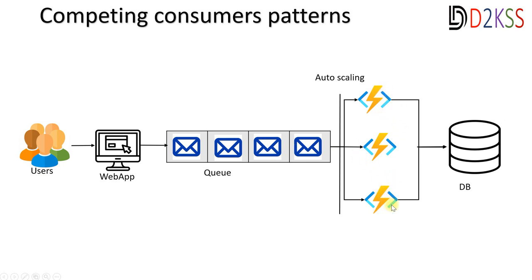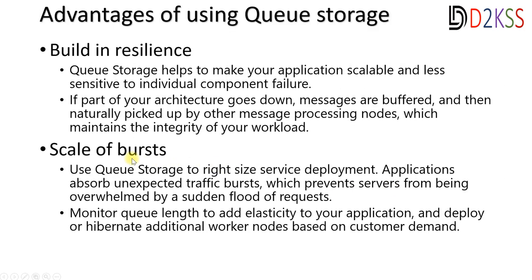So there is no overwhelming of the servers, since each request is inserted into the queue, and based on the queue length we are auto scaling these Azure functions and inserting into the database. So there is no delay in processing the request. Based on the load of the queue, these functions will auto scale. That's what we call scale of burst.